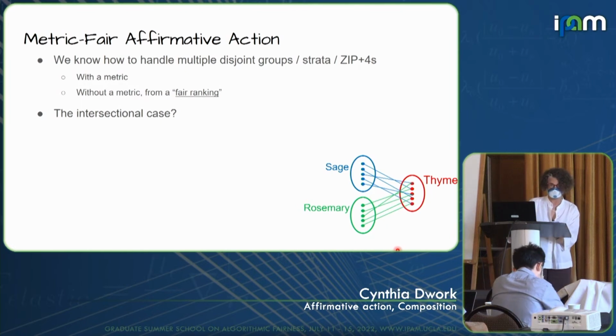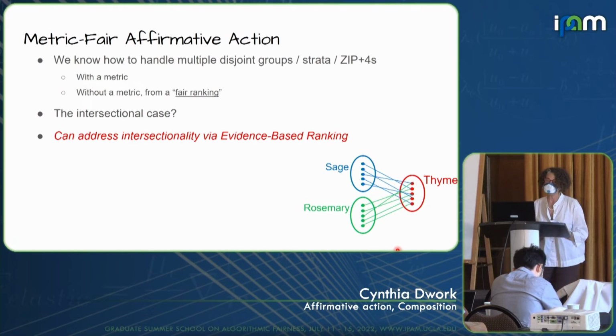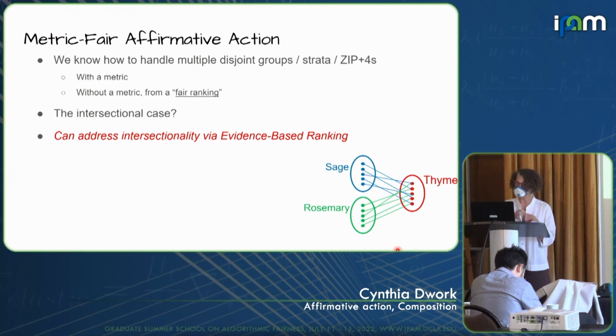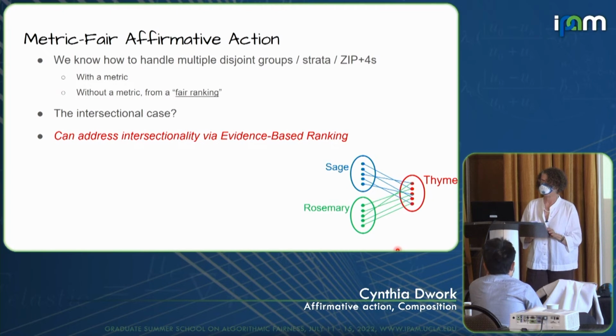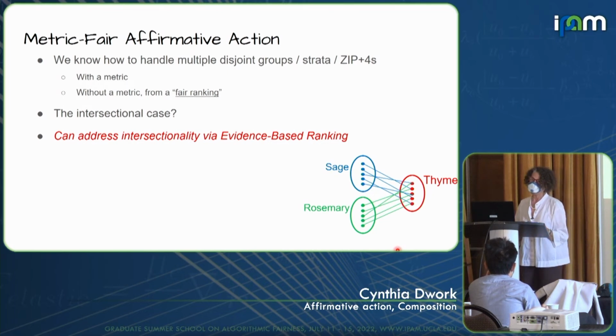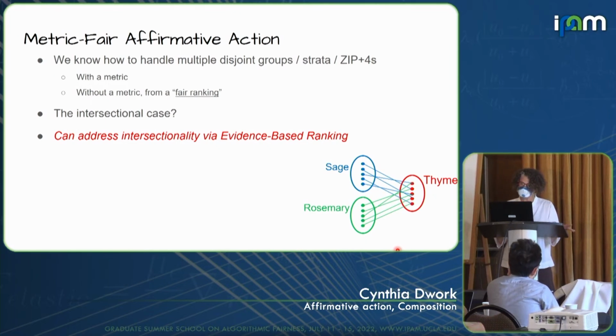We don't know yet what to do about the intersectional case, but Guy is going to talk this afternoon about something from which we get to a notion of what we call evidence-based ranking, which does talk about assigning ranks and handling intersectional cases. I'm not going to say more about that. Guy probably is not going to talk about rankings, but you should know this exists, and we can give you a pointer to it.